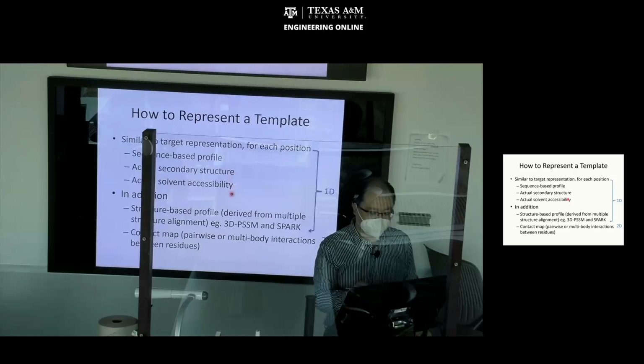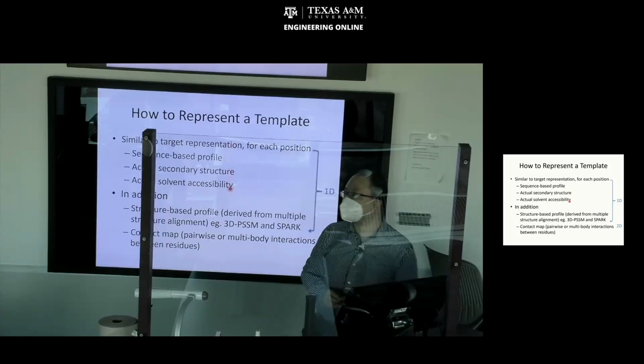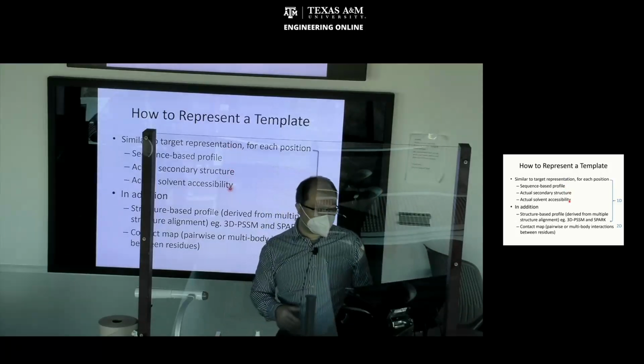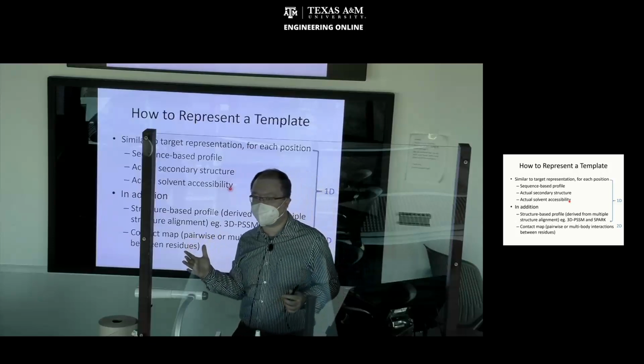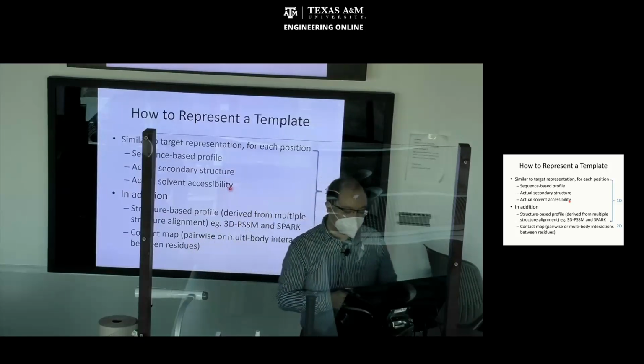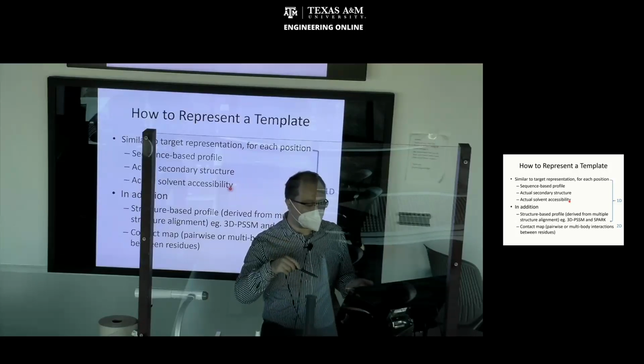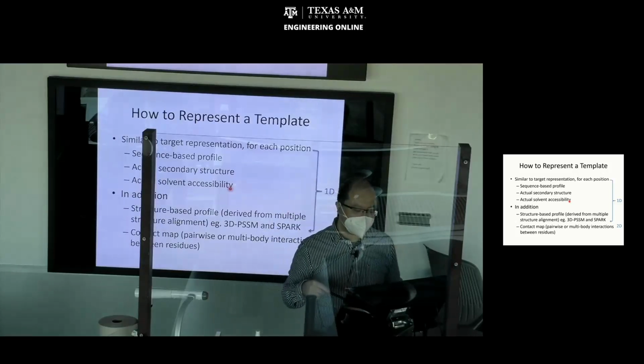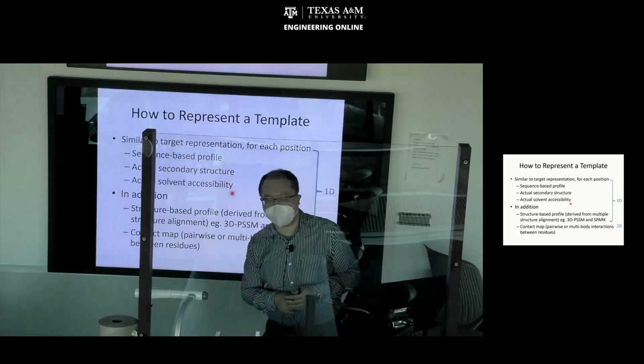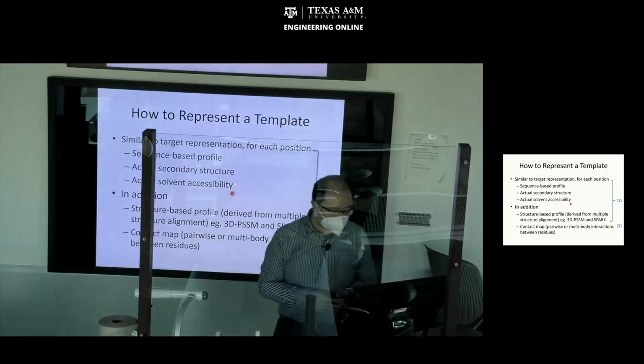If there are 3 levels of solvent accessibility, that's 3 again. So the total number of features is 1 plus 21 plus 3 plus 3, okay? But these features are one dimensional, right? So if every column is a position, then you have 1 plus 21 plus 3 plus 3 rows. These are the number of features you have. Okay, that's your feature matrix.